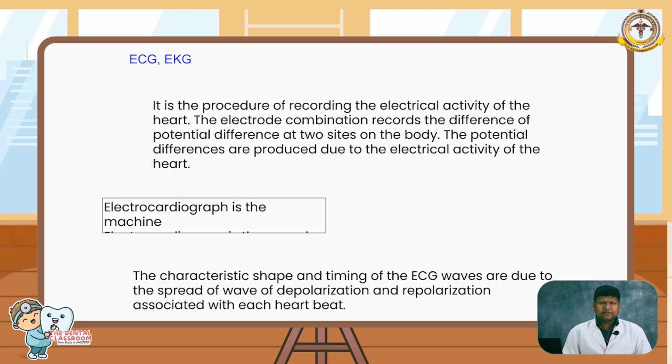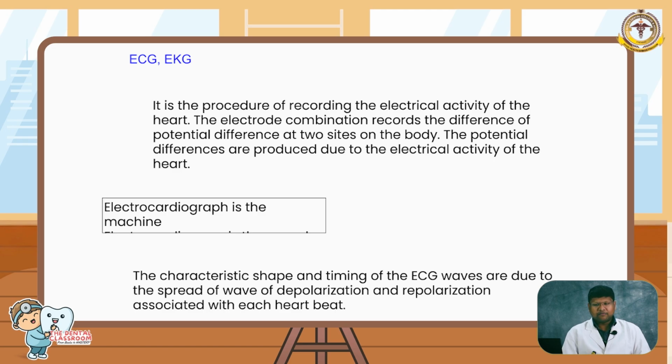So coming to the first term, ECG is the electrocardiograph. What is the electrocardiograph? It is the machine which records the ECG. The second is the electrocardiogram, which is nothing but the recording of the ECG.